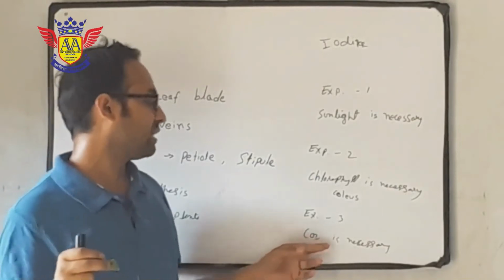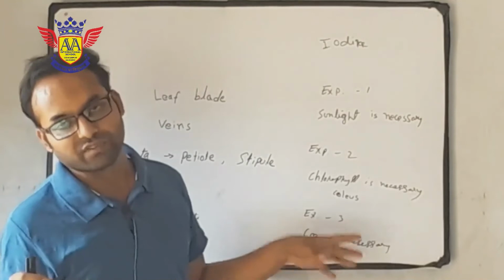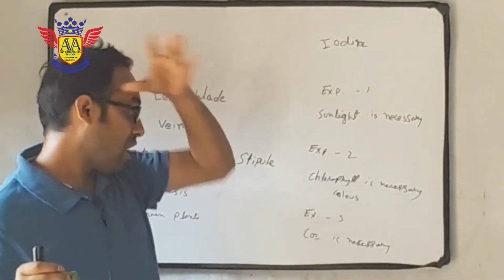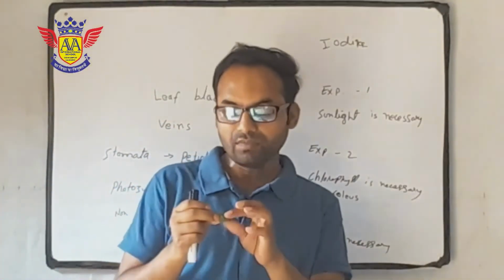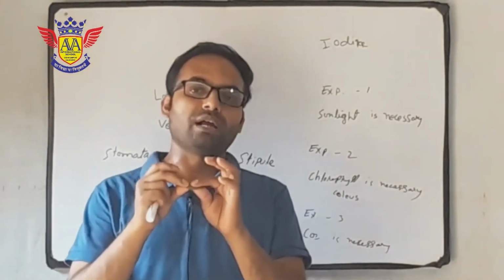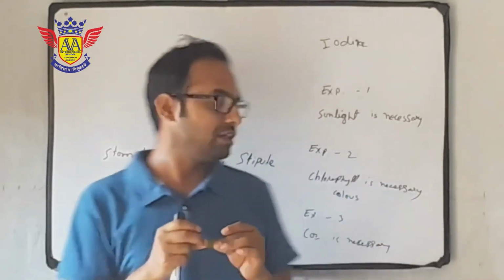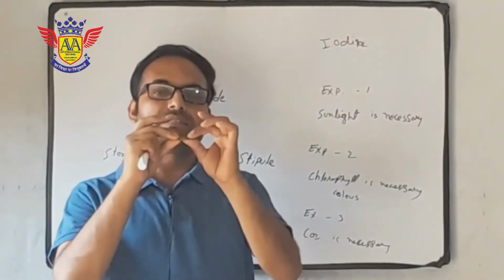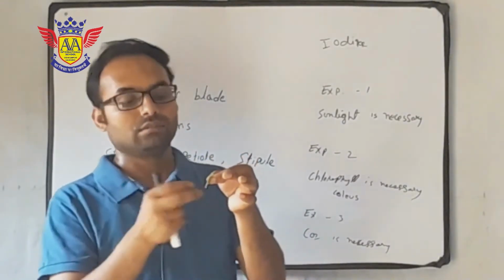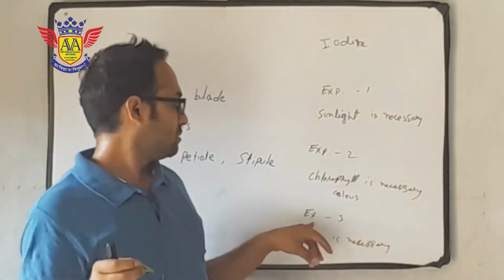The third experiment shows that CO2, meaning carbon dioxide, is necessary for the process of photosynthesis. How do we prove that? We take a healthy plant and cover the leaves of one or two plants with Vaseline jelly, so the stomata are closed and no gas exchange will happen.